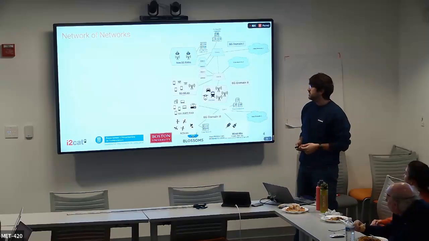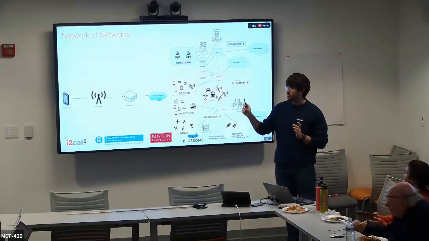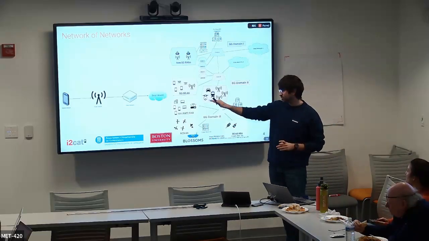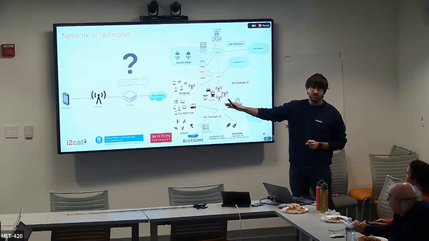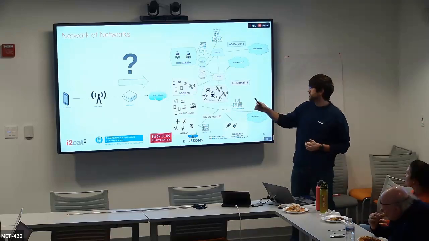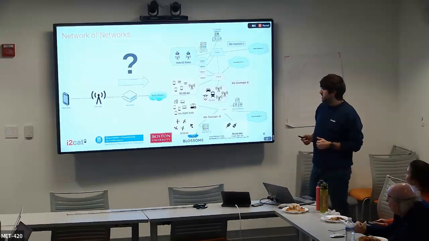So the actual question is: we know we are in a good position with what we have, but what technology do we need to support this scenario, and how do we move from the current one? Answering this question is what my PhD is about.